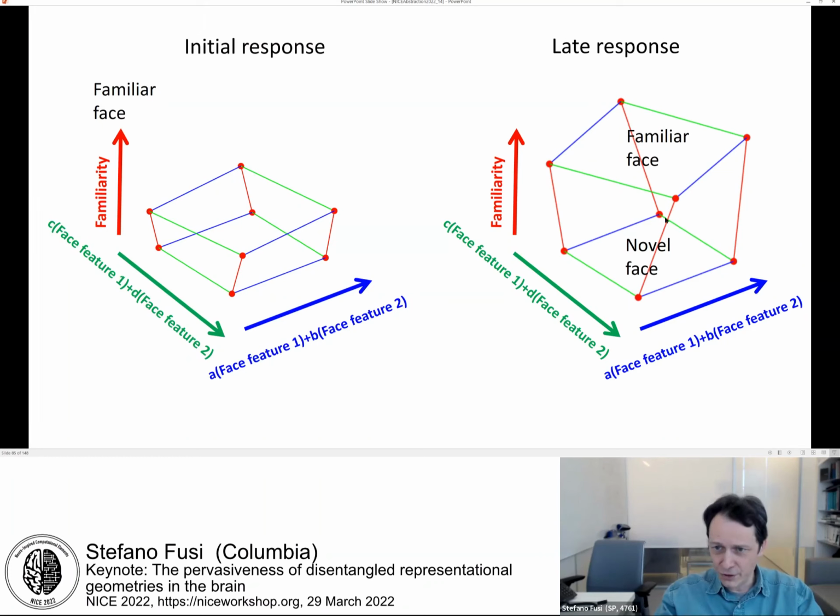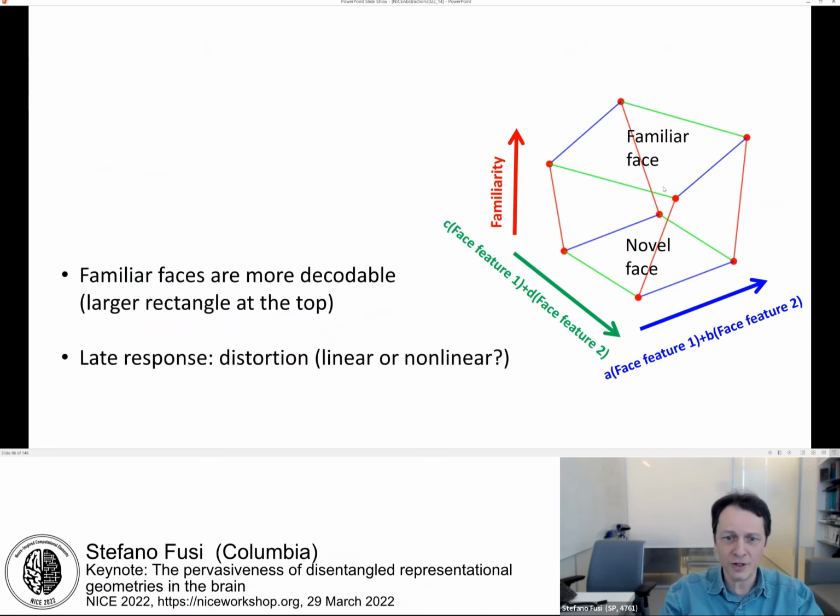Again, for novel faces, you see this nice disentanglement. For familiar faces, they're still disentangled, but the space is now not aligned to the space of the novel faces. Okay, so you have this kind of torsion. We still don't know whether you have a nonlinear distortion or not, because we don't have enough familiar faces to perform the analysis. But there's certainly some kind of distortion.